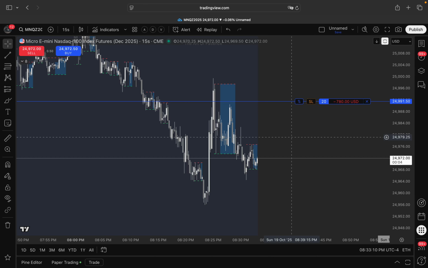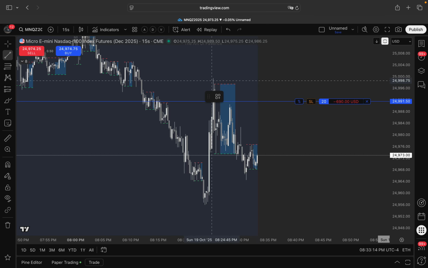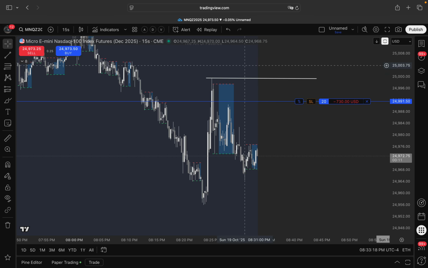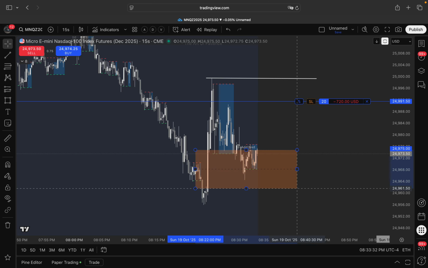But I would like for price to climb up higher and become a little more aggressive above this high that formed here. So one thing I don't want is for price to open below.